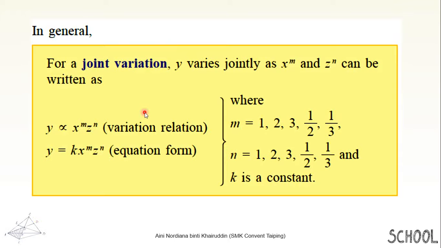In general, for a joint variation, y varies jointly as x to the power of m and z to the power of n, which can be written as y varies directly as x to the power of m, z to the power of n. This is the variation relation. And then this is the equation form: equal sign and add the value of k, where k is a constant.